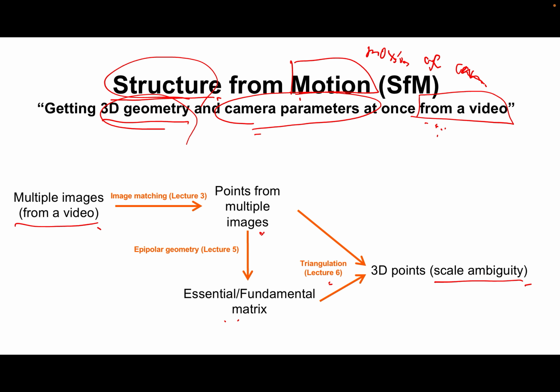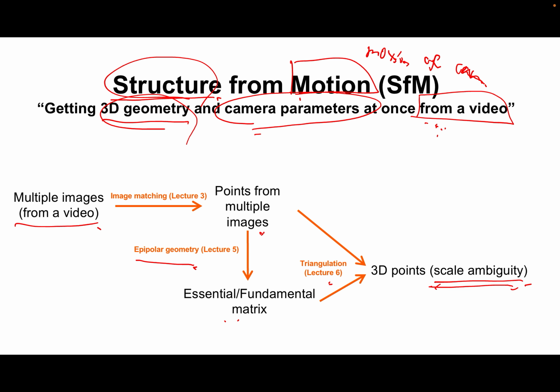And as I said, in structure from motion, we have scale ambiguity because we do not have any 3D measurement. That is the reason why we rely on epipolar geometry, and we have scale ambiguity. That means we can't determine a single scale. But still, we can lift the points to 3D space, so that is good. It's a very practical algorithm.